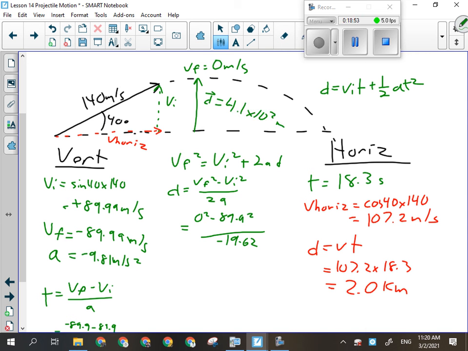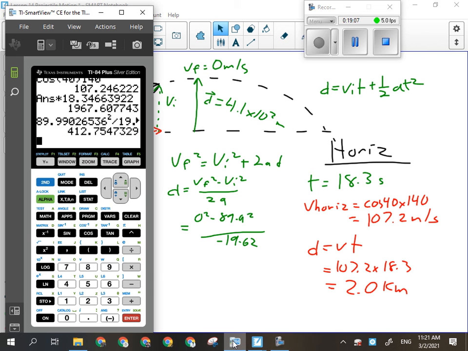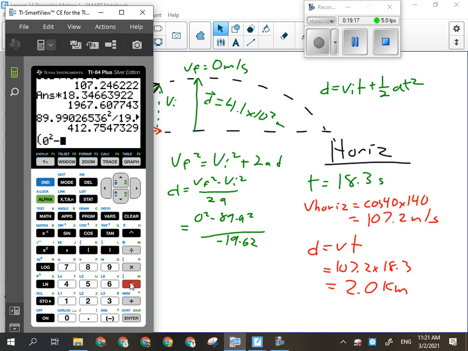Does it follow a long way? I put them in brackets and I got like 4.6. What did you put in brackets? The final equation is 0 squared minus.